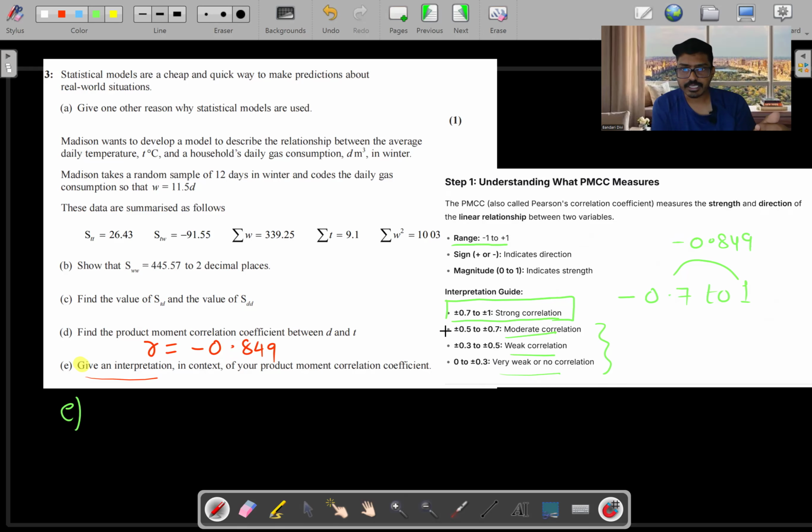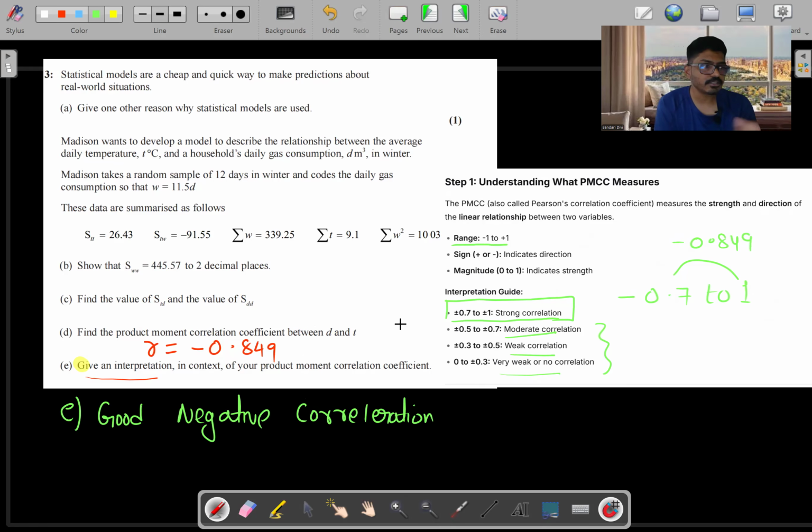We can say strong, good negative correlation. Good negative correlation, which means, what is the meaning of that?